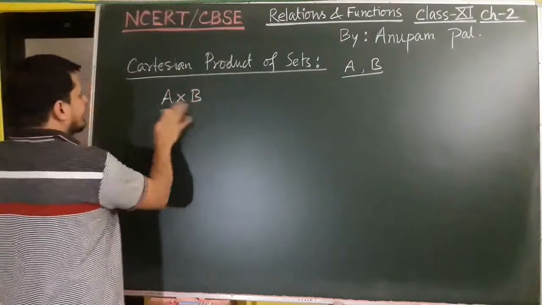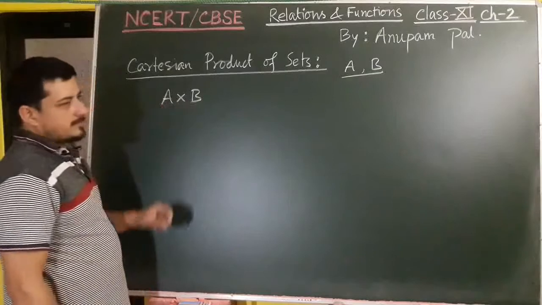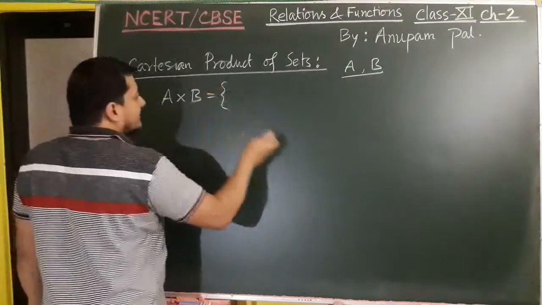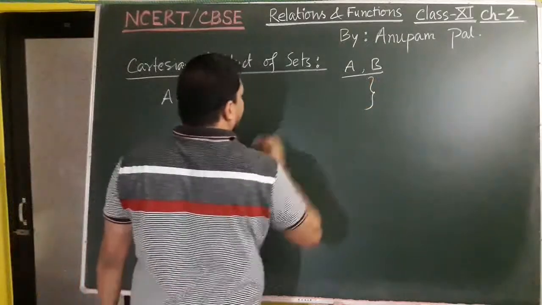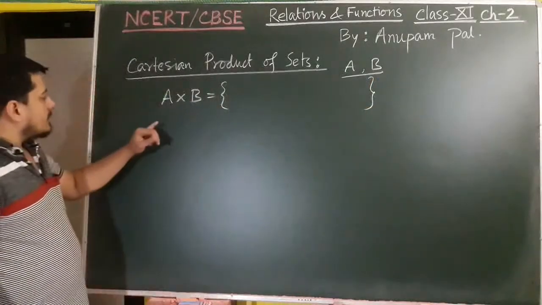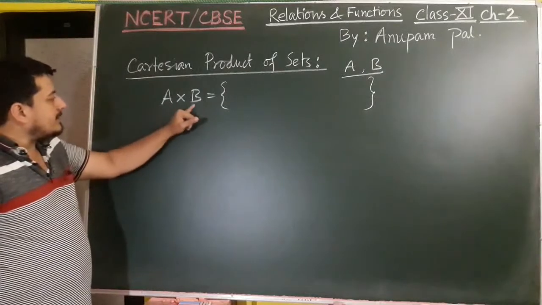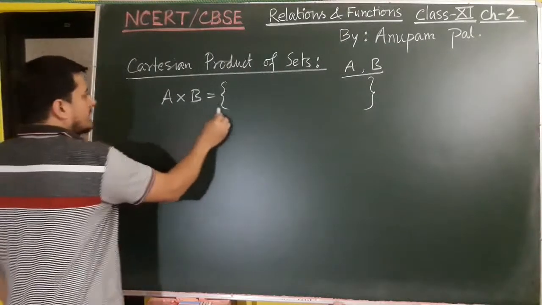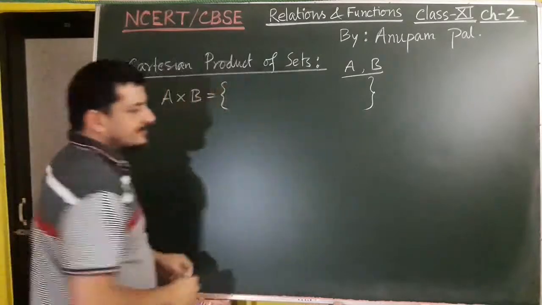But this is read as A cross B. So how do you find it? This also produces one set. So you see here, A is a set, B is a set, as we know, and A cross B will also produce a set.